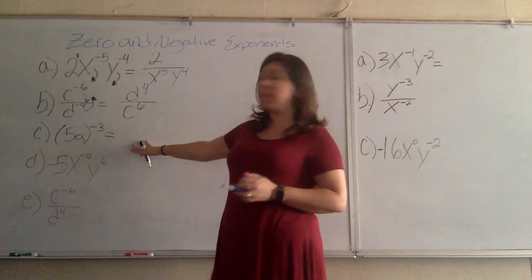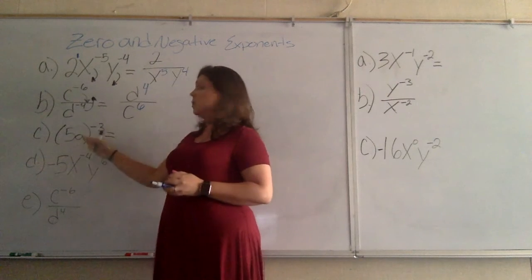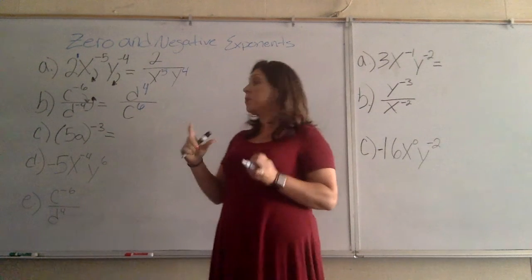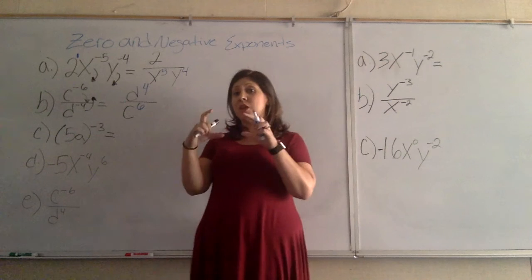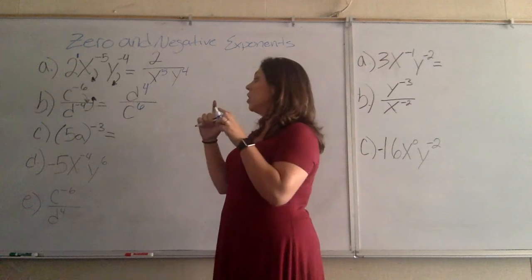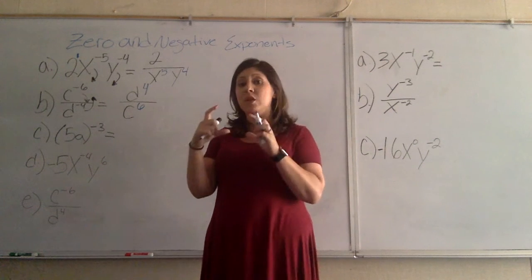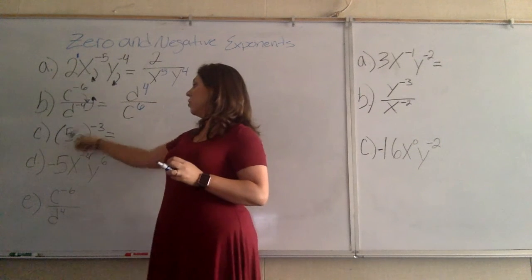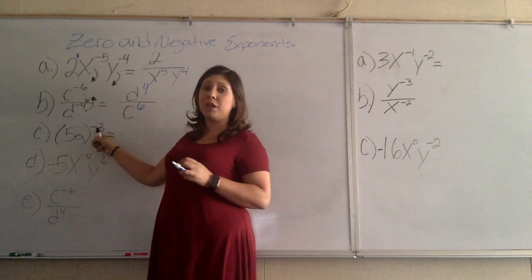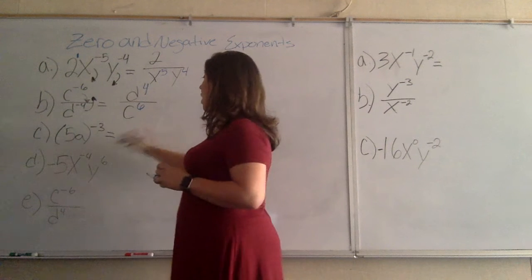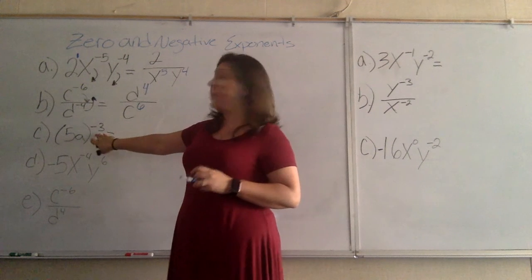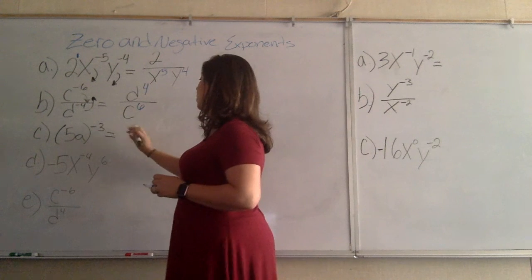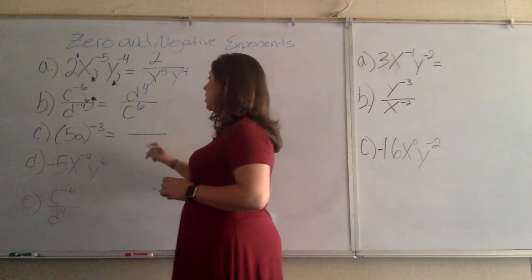Looking at C, I do see that this one does have parentheses. That means we're going to keep them together. We're going to look at them as if they're one number, one variable. So I have 5A. Both the 5 and the A have that negative 3. So I don't like where it's at because it's negative. It wants to move, so I'm going to make that fraction bar.